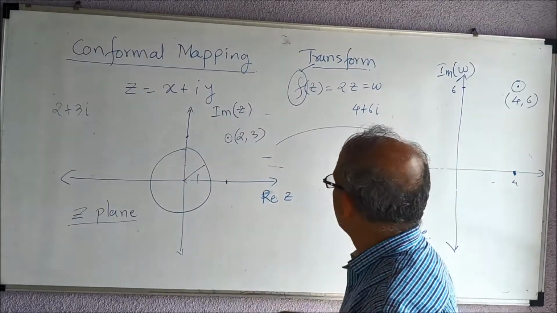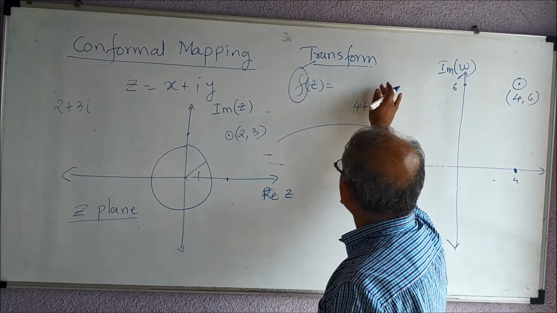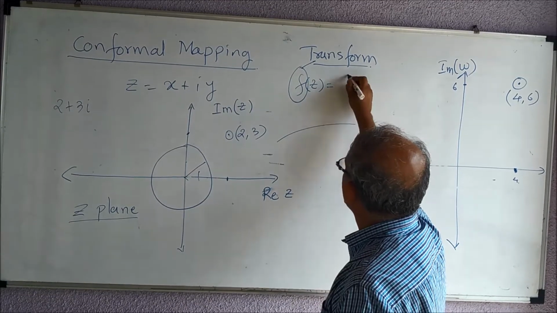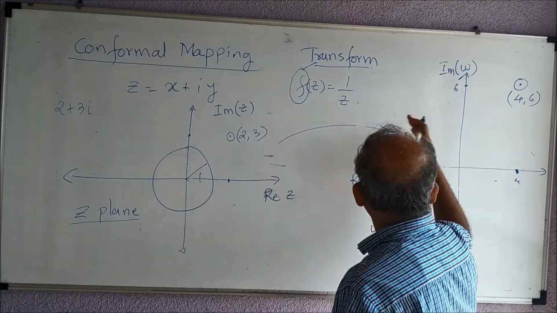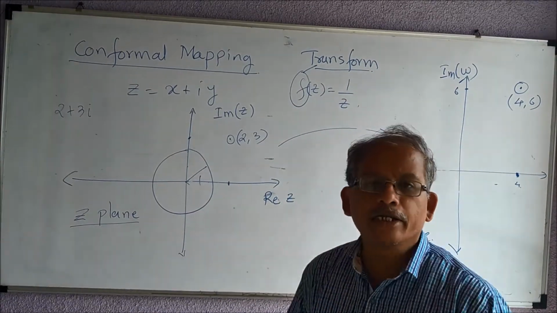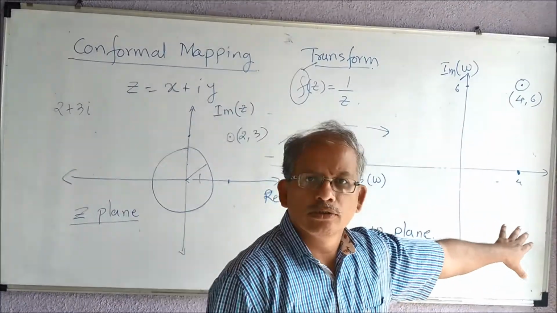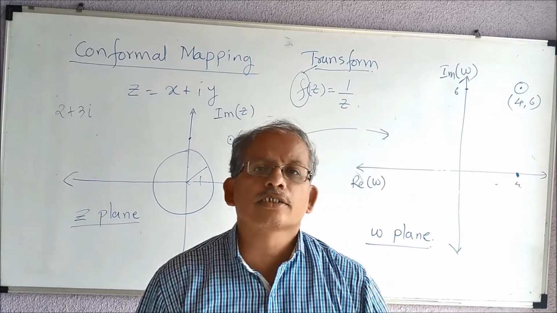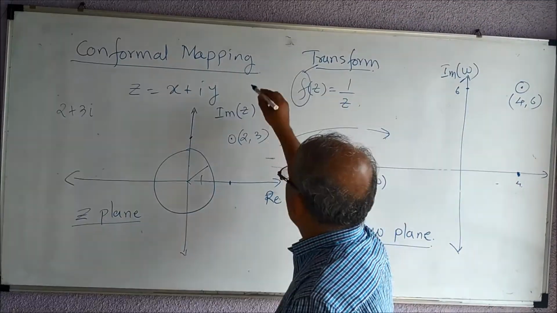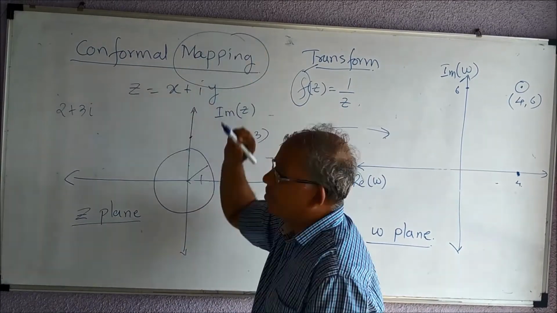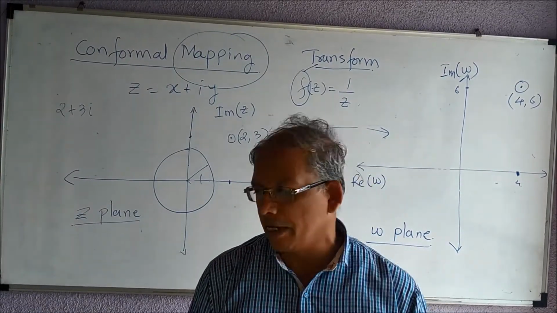And if I transform this, let me take the transformation as say 1 by z. Okay, what will happen? What kind of picture am I getting as an output? So I am interested in studying these kinds of things. Okay, and this is called a mapping. Okay, so this is one part.